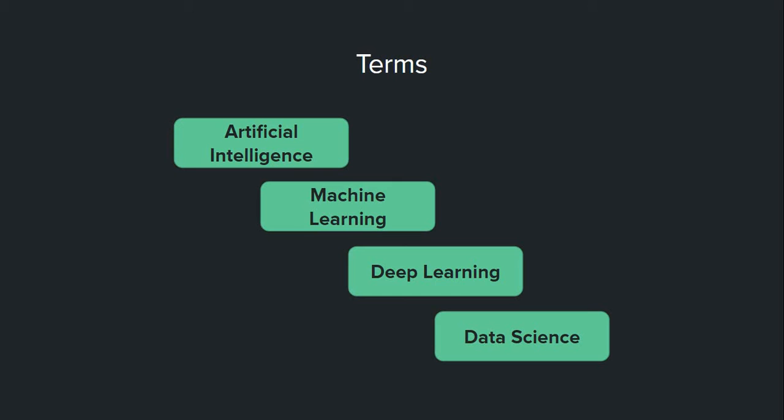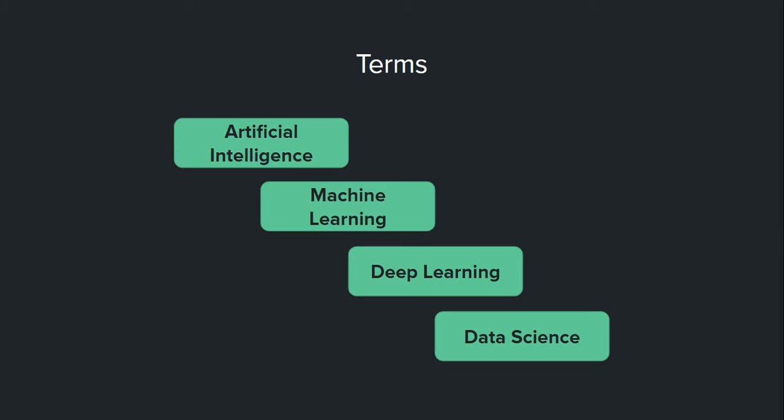So first let's look at some terms that are used in this field of data science. Firstly, let's look at artificial intelligence. So what is artificial intelligence? Let's look at intelligence. When we say intelligence, we are referring to the natural intelligence or the human intelligence.